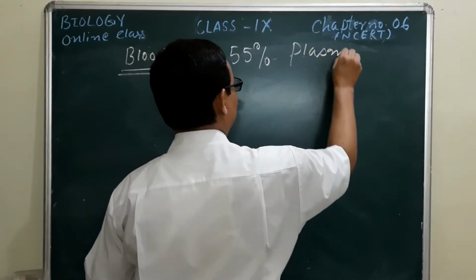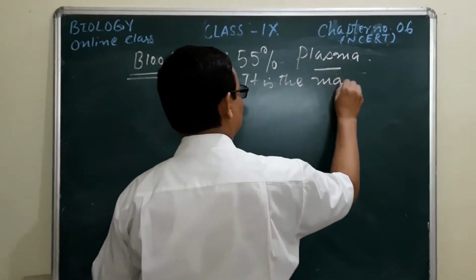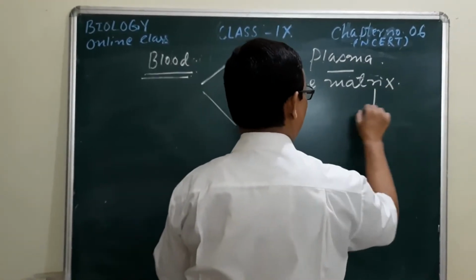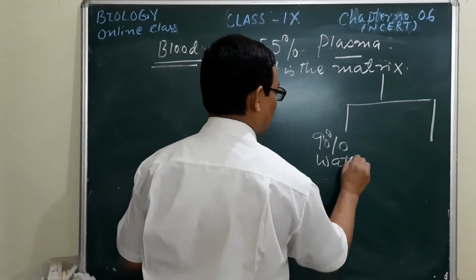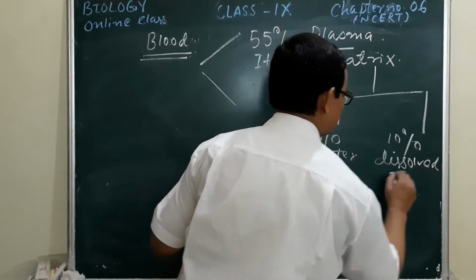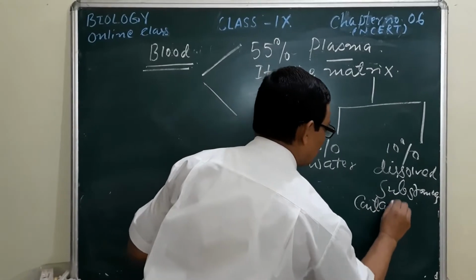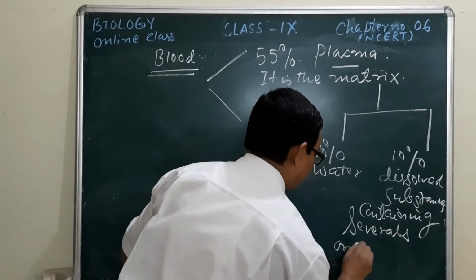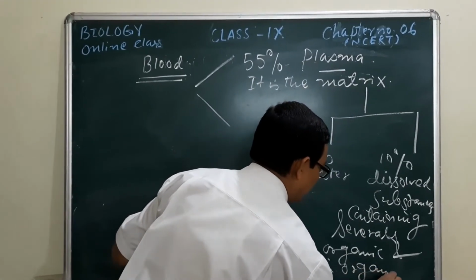plasma. It is the matrix. The matrix, that is the plasma, is composed of 90% water and 10% dissolved substances containing several organic and inorganic substances.